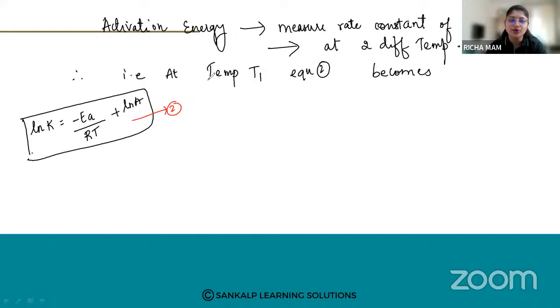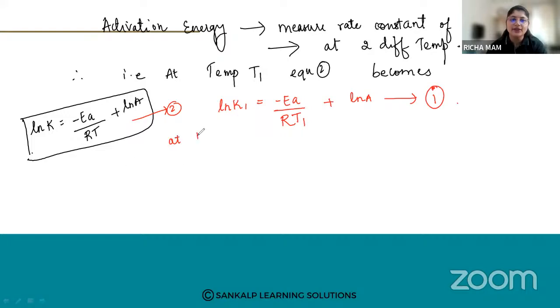Wherever T is there, we put T1. So ln k1, because the rate constant will be different, is equal to -Ea/RT1 + ln A. Ea and R are constants, so we are not changing them. I'll write this as equation 1.